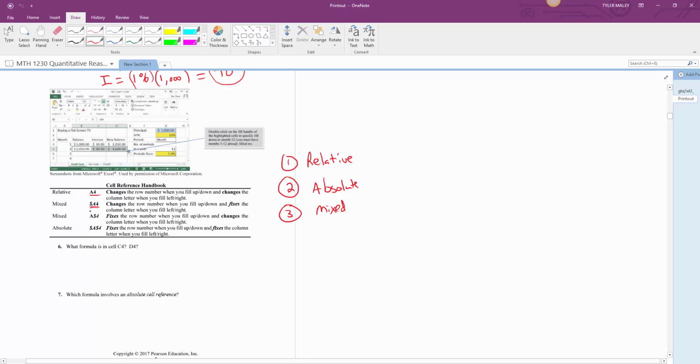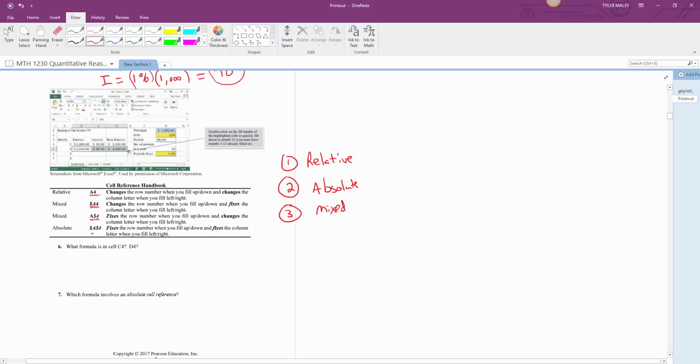The third row is very similar, where the dollar sign locks in the number. If I fill up and down, the row number will not change, that's locked in, but if I fill left and right, the column will change as I fill.